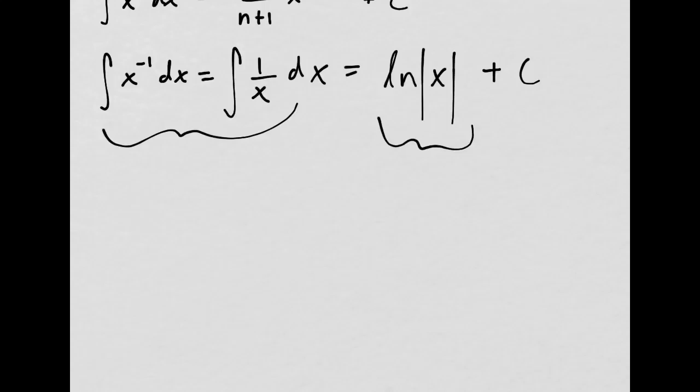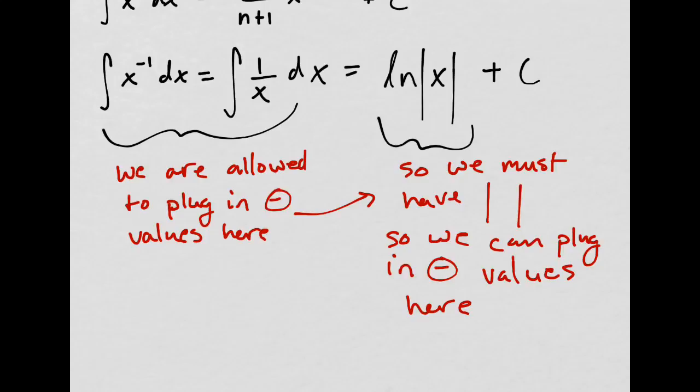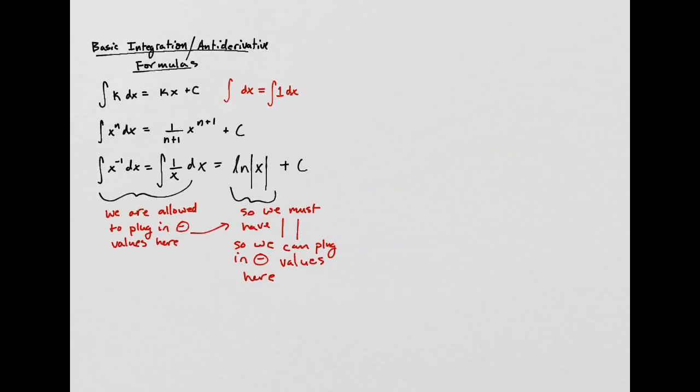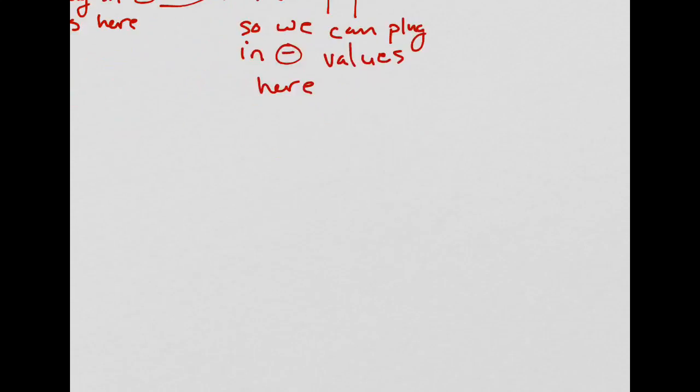The absolute values now allow us to plug in negatives here, so now it's valid for both. You can't plug in 0 for this, and you also can't plug in 0 for the natural log. So that's why we have the absolute values, because we're allowed to plug in negatives here, so we should be allowed to plug in negatives into the antiderivative. So that's that formula.